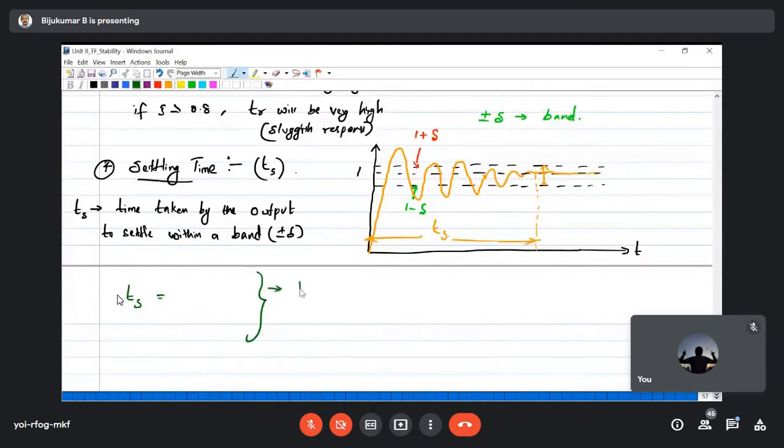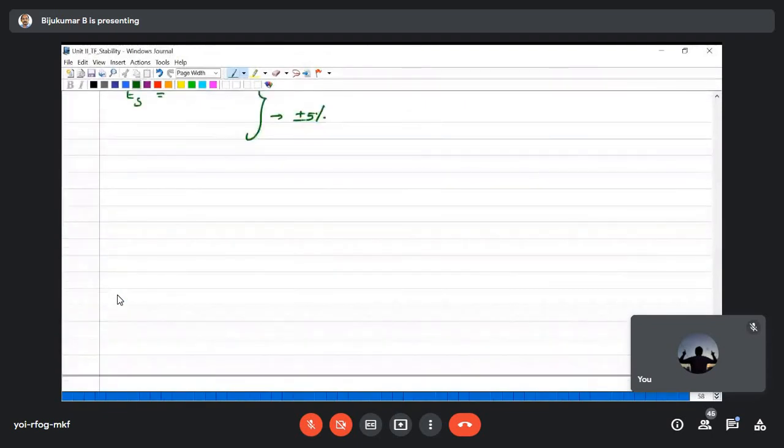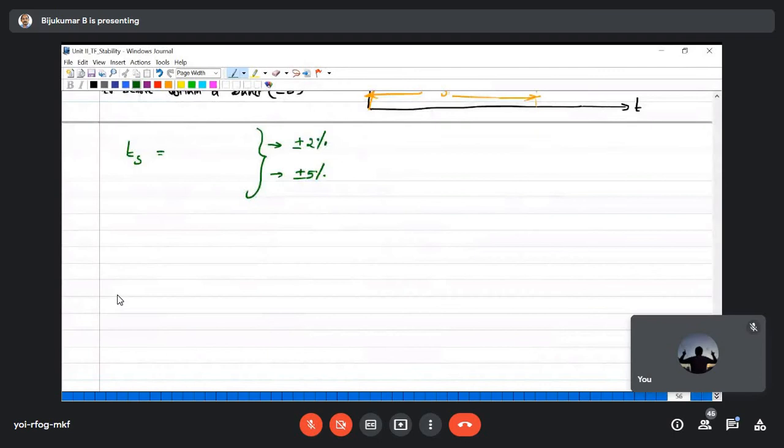One is for plus or minus 2%, and the other one is plus or minus 5%. So how can we derive it? Because we know y of t is 1 minus e power minus zeta omega something like that, right? So from that relation, how can we derive this settling time?